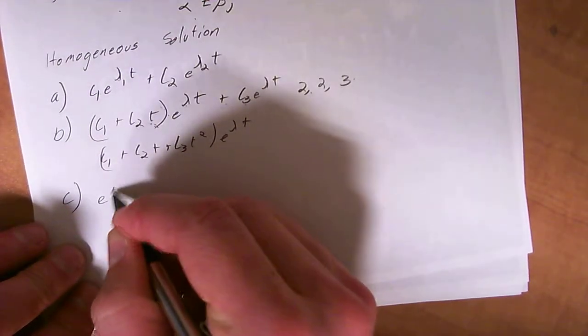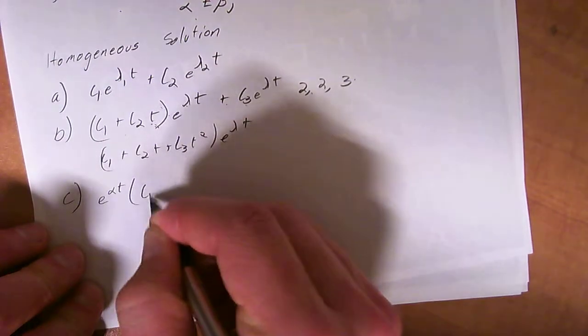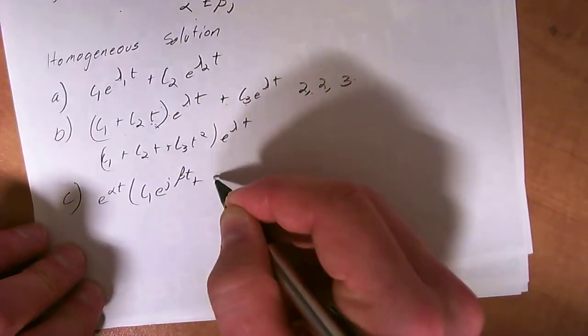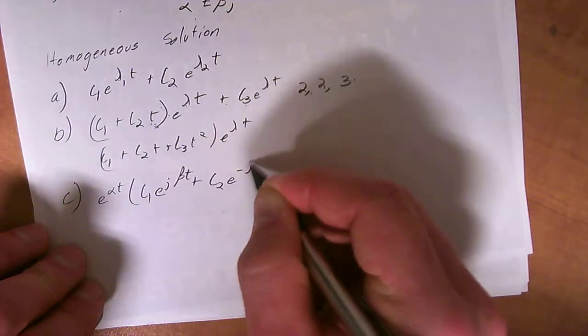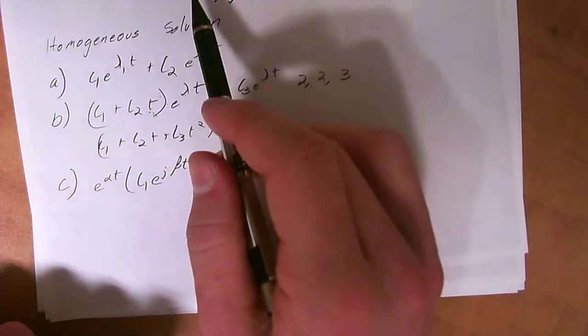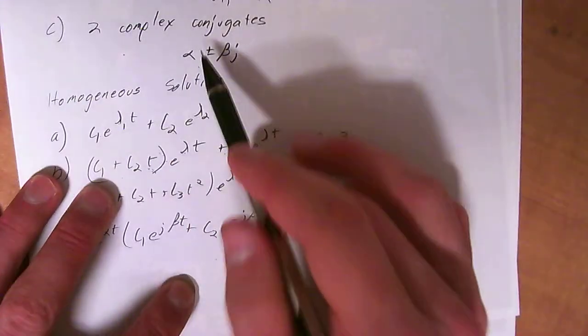Hopefully that's clear. Okay, and in the third condition, C, it's totally in a league by its own: e to the alpha t of C1 e to the j beta t plus C2 e to the negative j beta t.